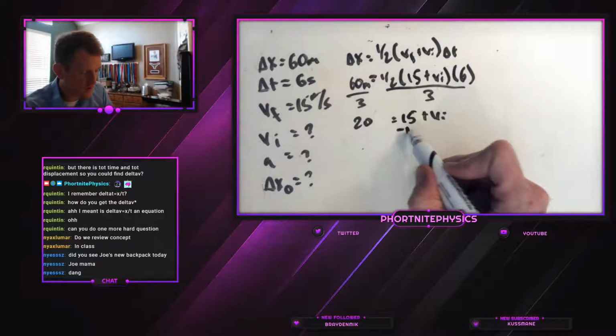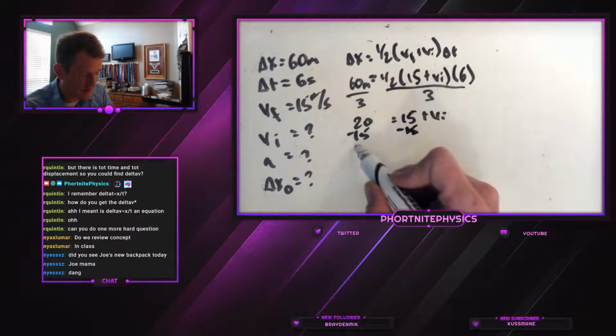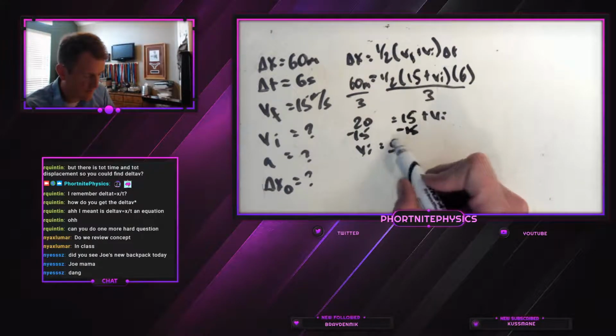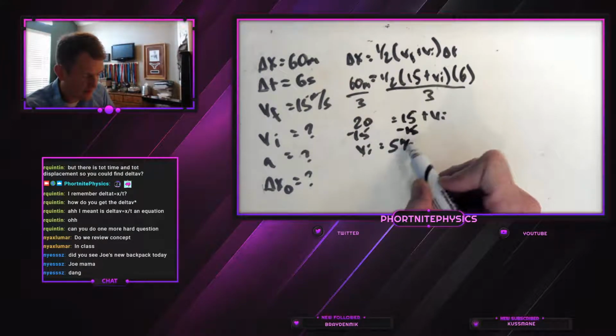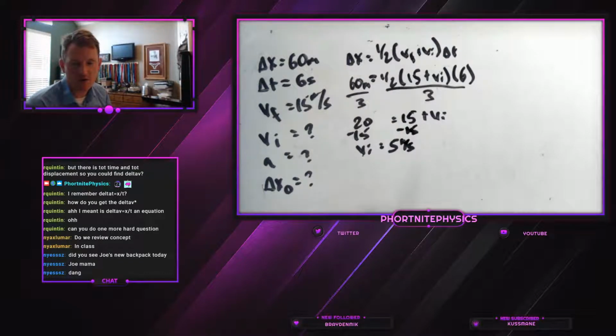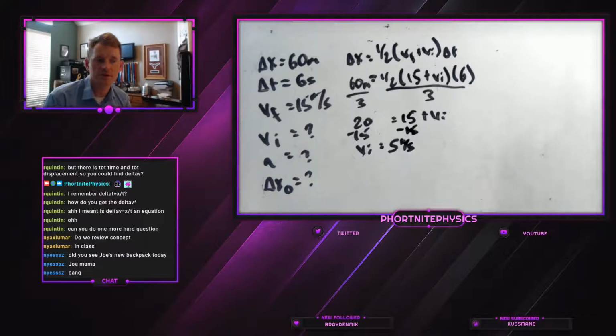Subtract 15 from both sides. Our initial velocity is 5 meters per second. That's how much it changed from the first point to 60 meters later, going from 5 meters per second to 20 meters per second.